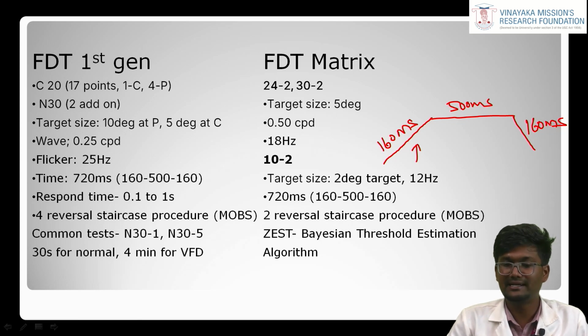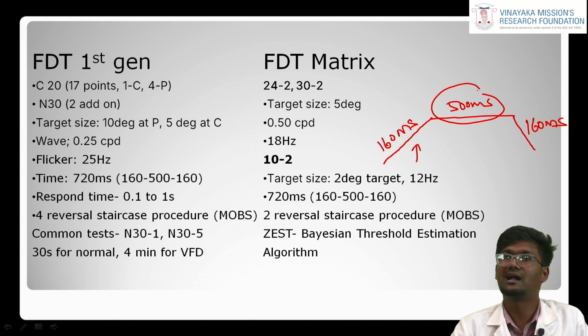If the patient didn't see the target at the 500 milliseconds, the contrast level is made higher, similar to a staircase. If the patient saw it at the 500 milliseconds, the contrast level will be lowered for the next target.